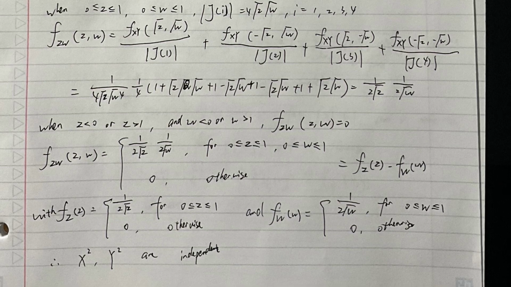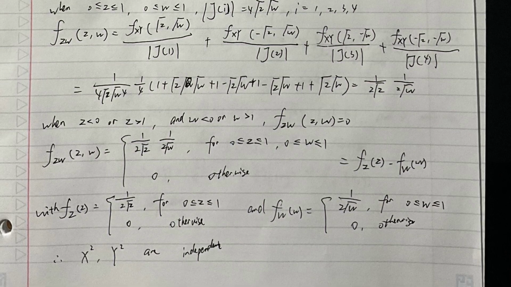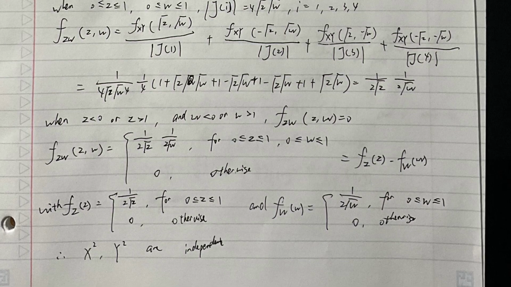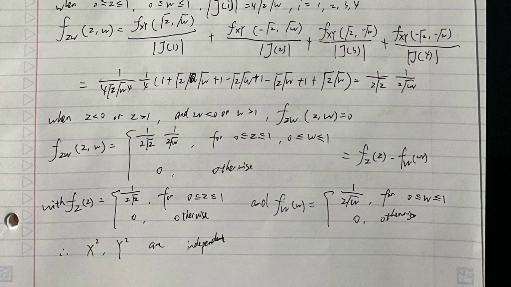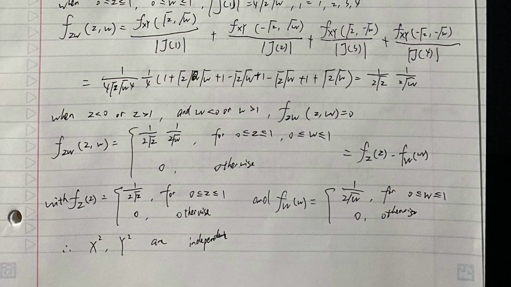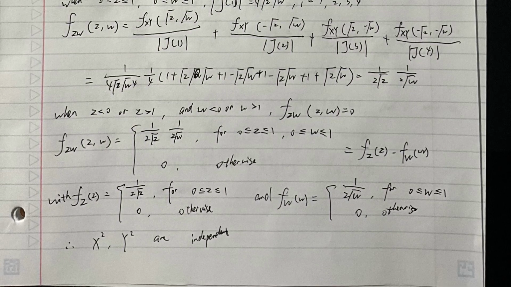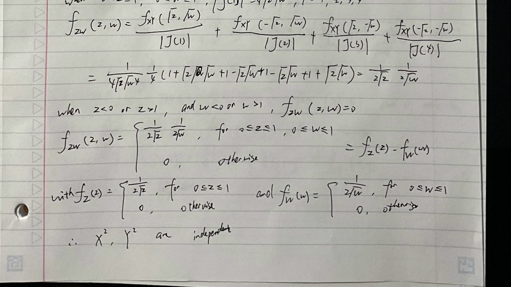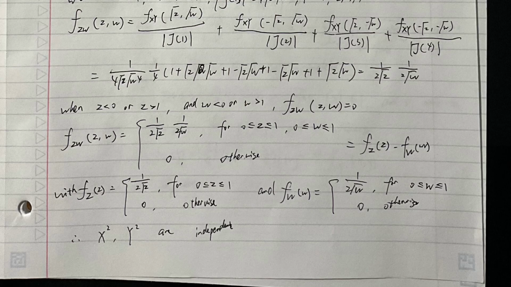And we can get f_Z multiplied by f_W. With f_Z, we get 1 over 2 multiplied by root z for z bigger or equal to 0, smaller or equal to 1, and 0 otherwise. And f_W equals 1 over 2 multiplied by root w for w bigger or equal to 0, smaller or equal to 1, 0 otherwise. So capital X squared and capital Y squared are independent.